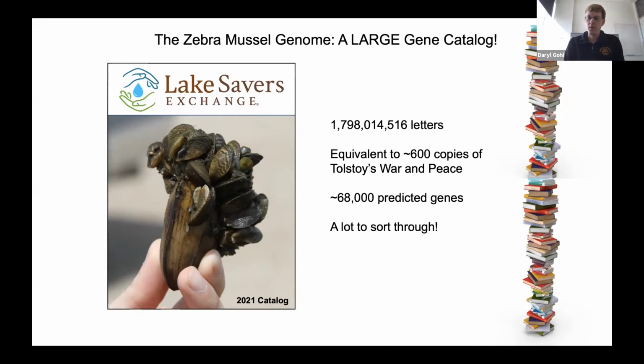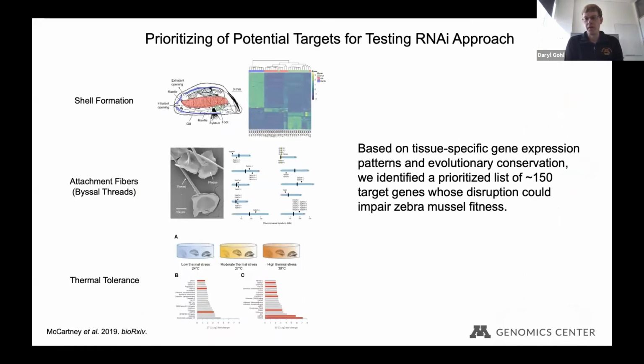As a starting point, we took some of the functional experiments that we did in the context of the Zebra Mussel Genome Project, where we looked at the expression of genes in the mantle, the tissue that makes the shell. We looked at gene expression in response to thermal stress, so basically heating them up to noxious temperatures.